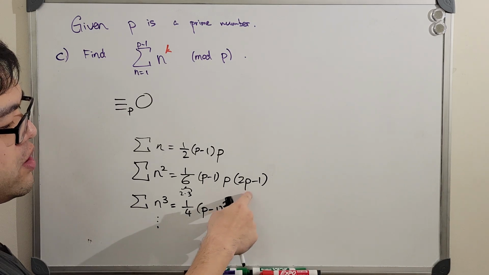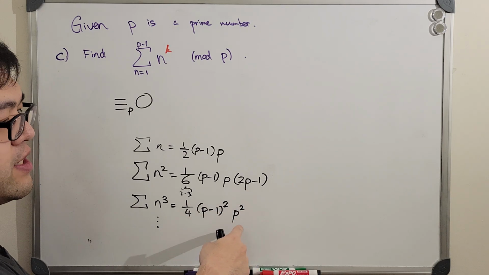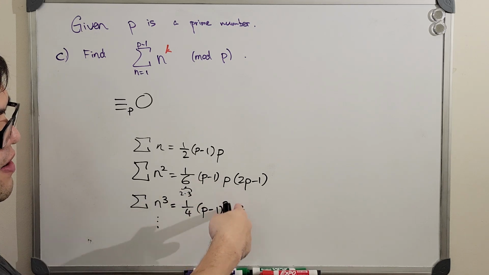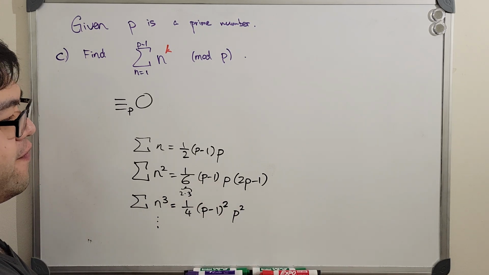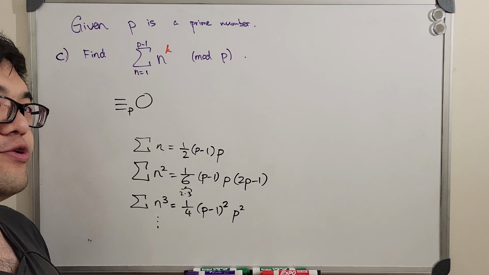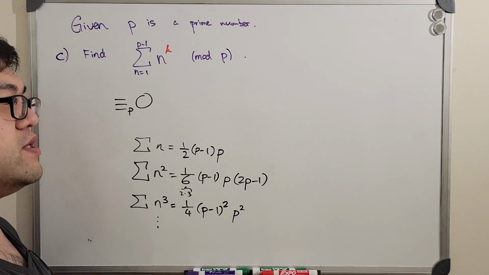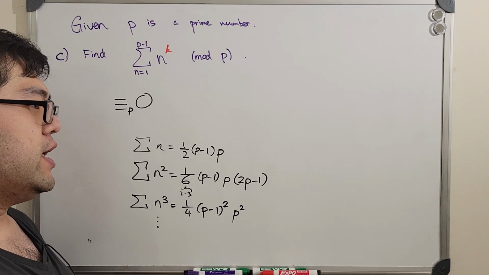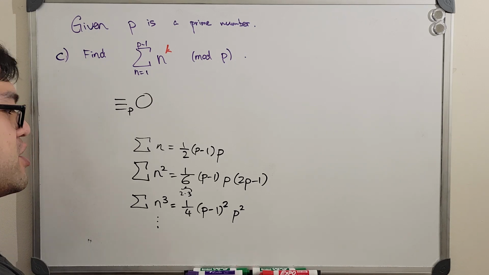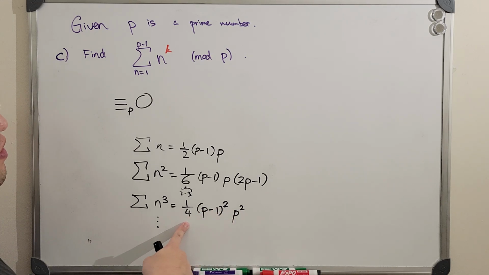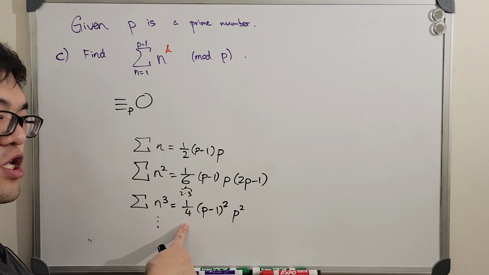There will be at least one copy of p that's going to multiply with the rest. And therefore, again, if we can choose the p large enough, in the sense that p as a prime number is larger than the largest prime factor in the denominator.